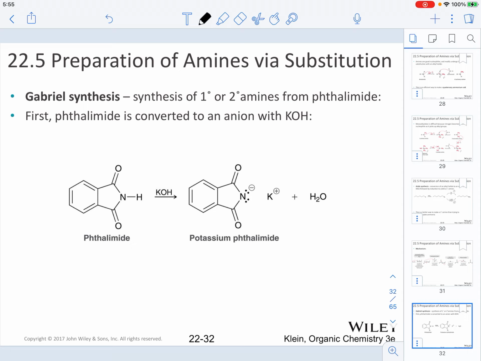Anyways, the molecule that you see here, that phthalimide, is first going to form an anion with potassium hydroxide. As you can see here, now our nitrogen is negatively charged.